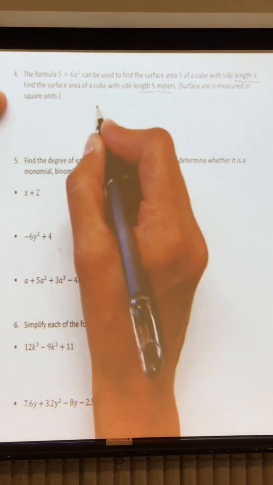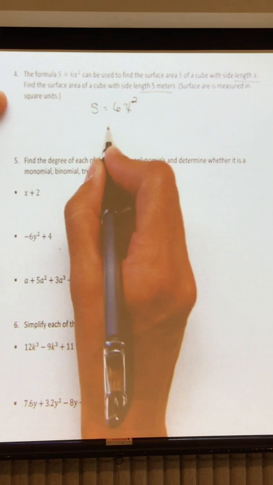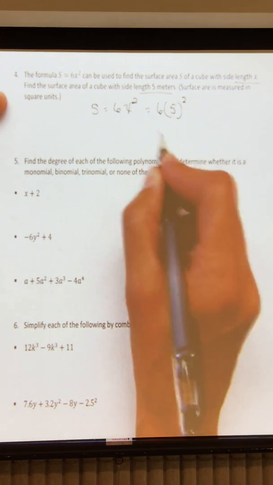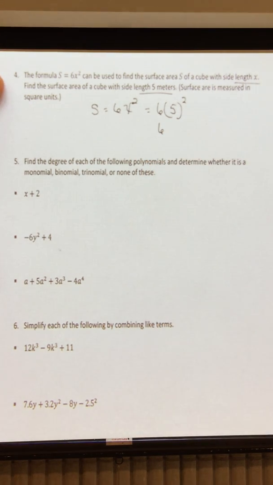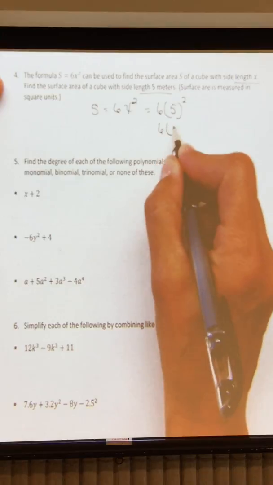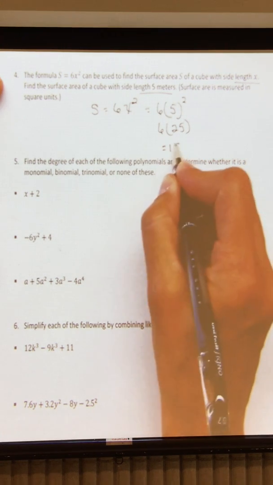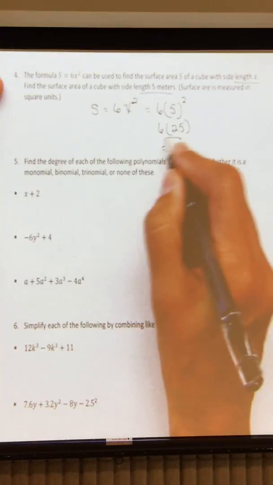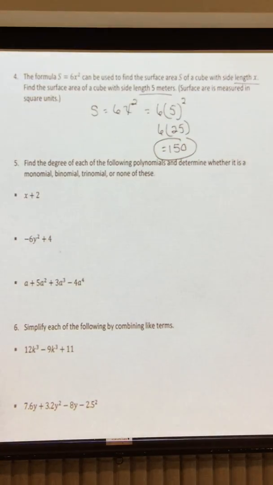So we have S is equal to 6x squared, which is equal to 6 times 5 squared. 5 squared is 25. 6 times 25 is equal to 150. And that is our surface area is 150 square meters.